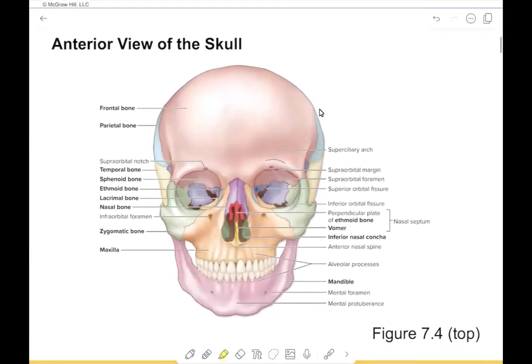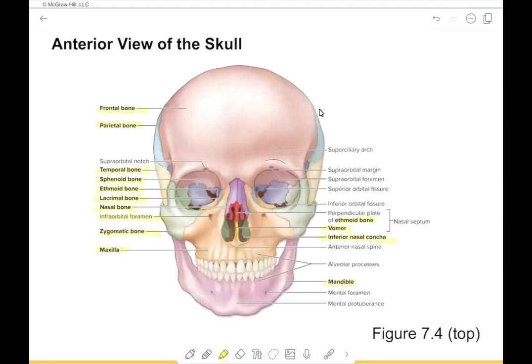When we look at an anterior view of the skull here, it's important that you can identify a lot of these different structures, specifically the ones that I'm going to highlight. So definitely the bones. That would be the first thing that you want to work on knowing is the names of the bones. Once you've mastered the names of the bones, then you can start to look at some of those bony landmarks, which were mentioned in a previous chapter. So, for example, there's a little hole called the infraorbital foramen.